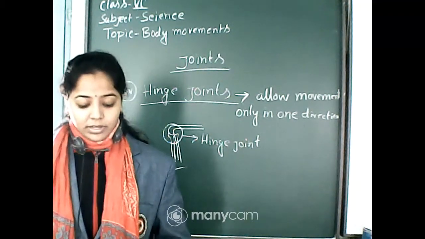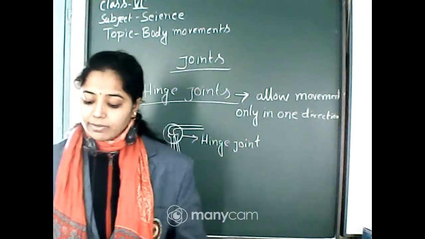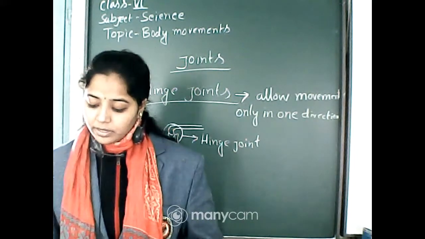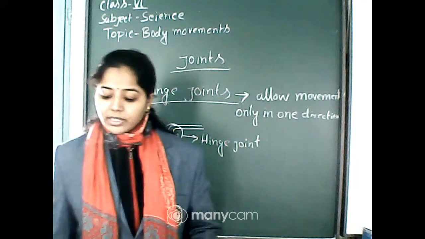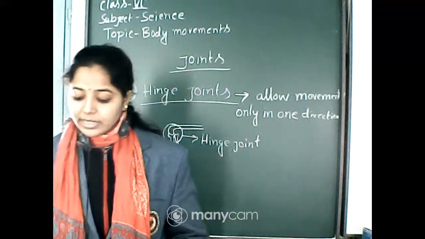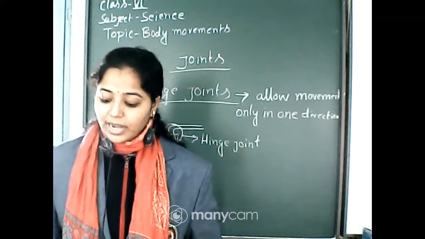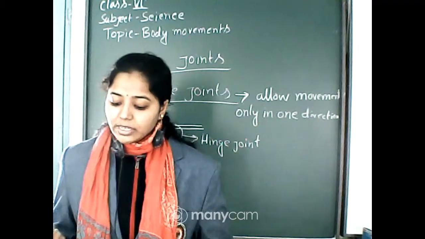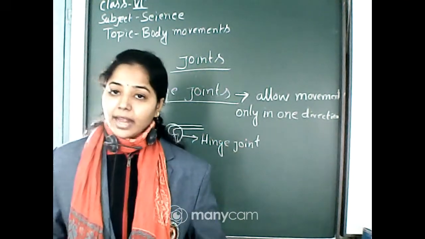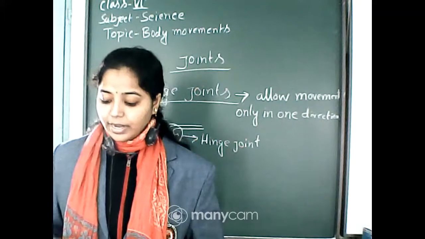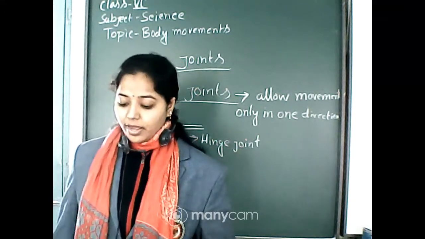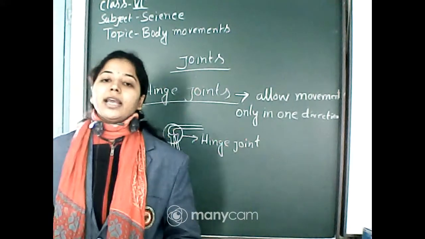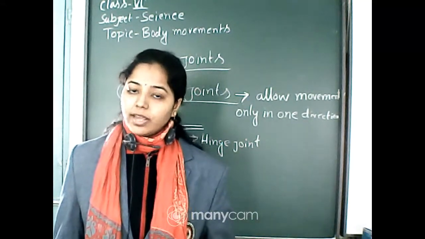What we have constructed in figure 8.5 is different from a hinge, of course, but it illustrates the direction in which a hinge allows movement. The elbow has a hinge joint that allows only back and forth movement. Can you think of more examples of such joints? Knee joints. These are examples of hinge joints that we have learned.